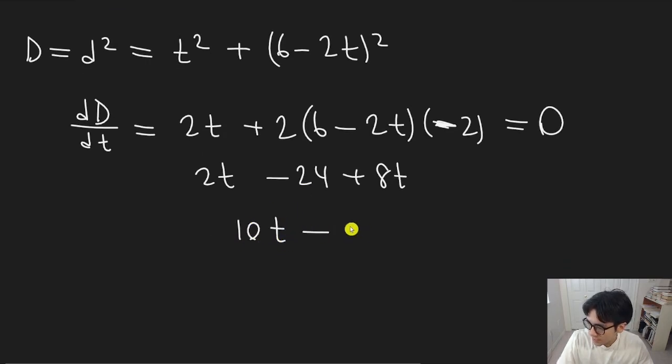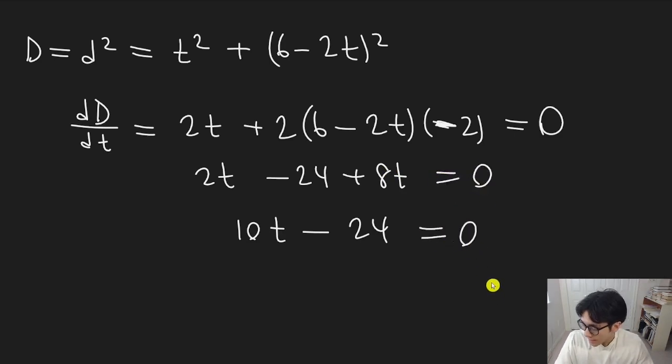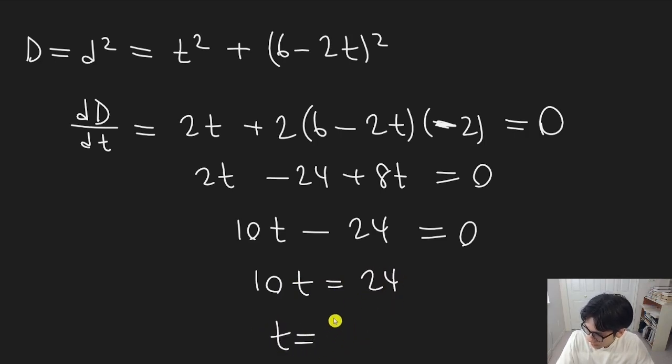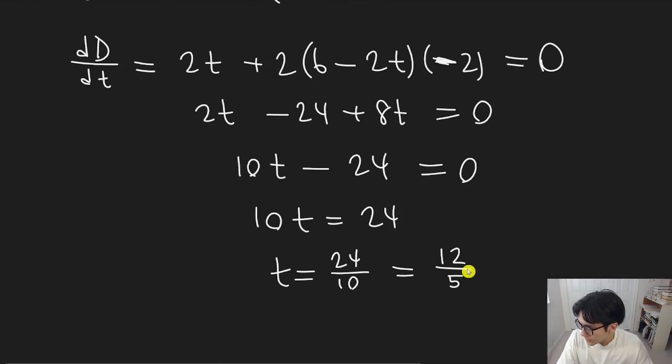So I end up with 10t minus 24, collecting these together, and that's equal to 0. Now to find the critical points, we solve for t. I'm going to move the 24 over, and we get 24 over 10, which simplifies down to 12 over 5. So this is our critical point.